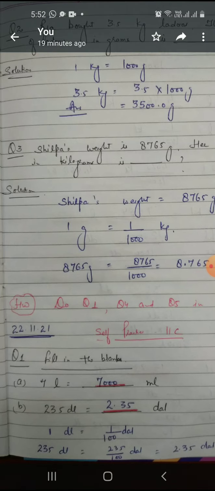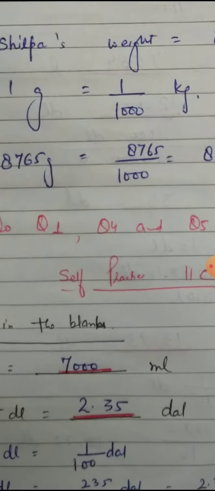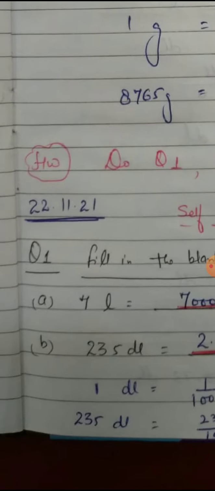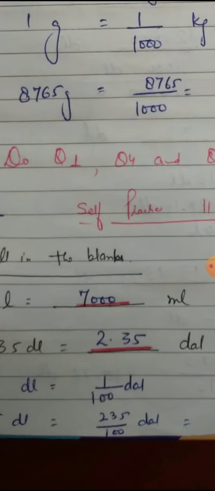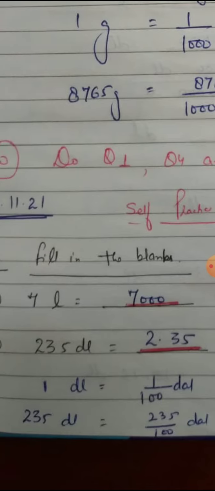Now conversion of liter into milliliter. 1 liter is equal to 1000 milliliters, so 7 liter is equal to 7000 milliliters. 235 deciliter is equal to how many decaliters? I have already explained through the table that 1 deciliter is equal to 1 upon 100 decaliter. This deciliter first goes to liter place, then liter to decaliter place.